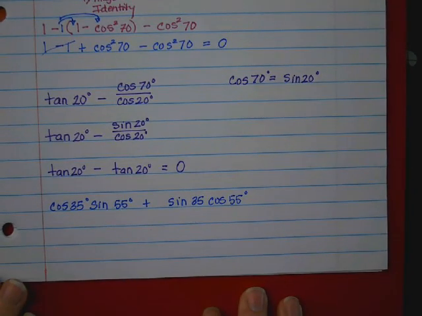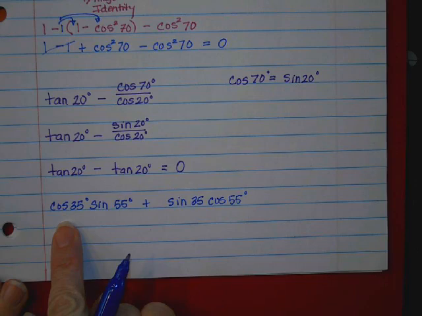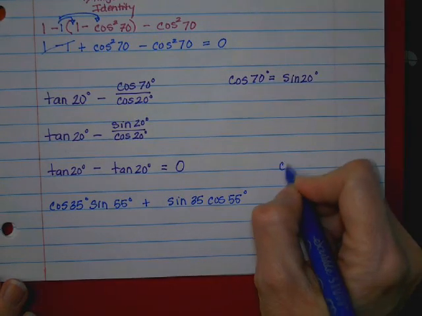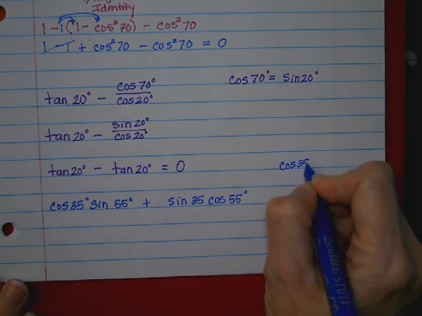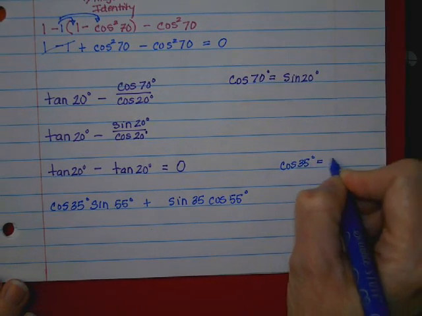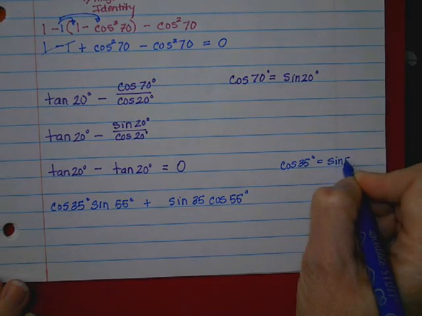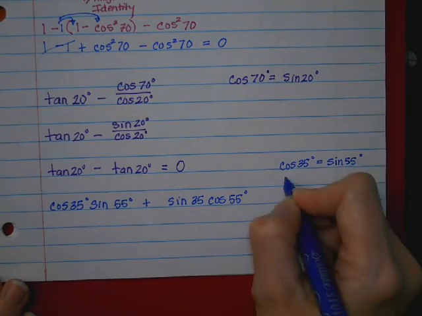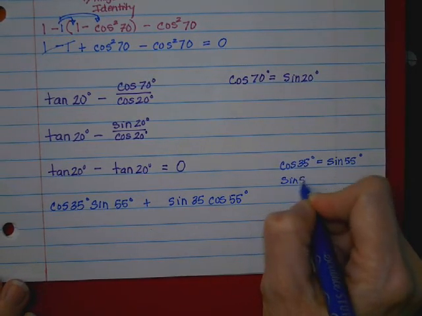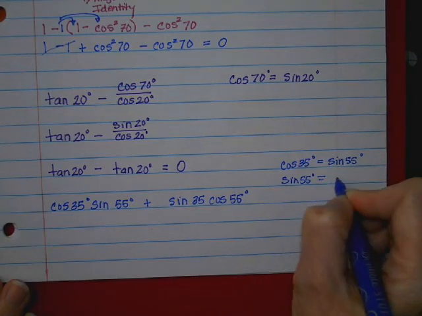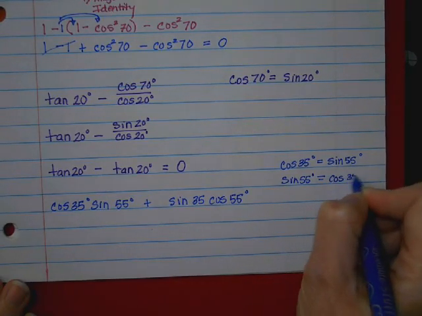If we took this cosine of 35, we know that the cosine of 35 degrees is equal to the sine of 55 degrees and vice versa. We know the sine of 55 degrees is equal to the cosine of 35 degrees.